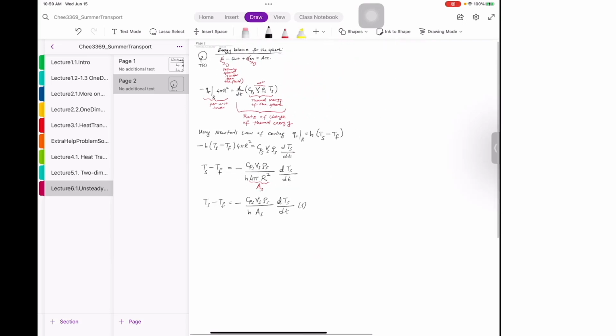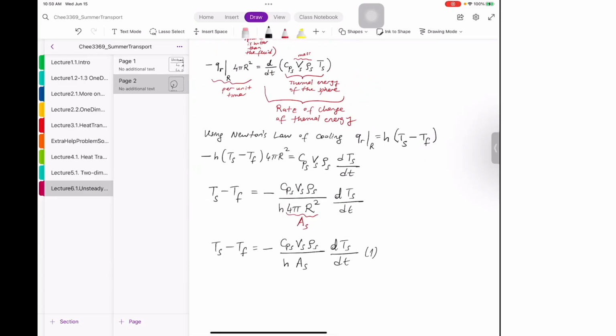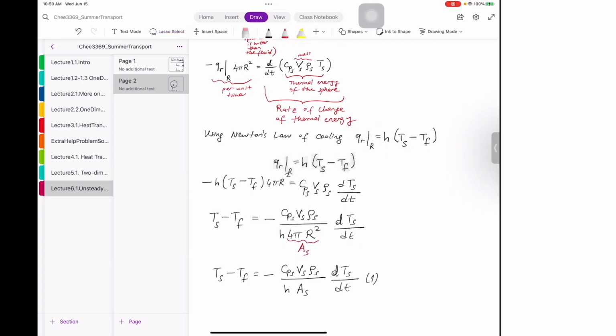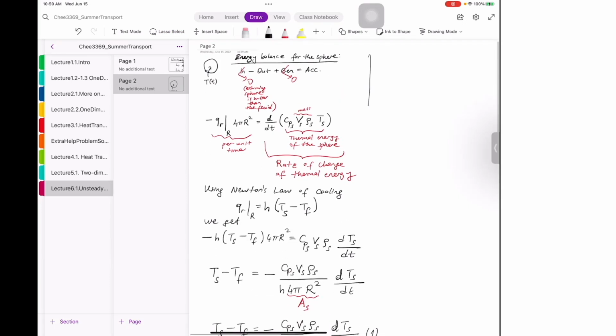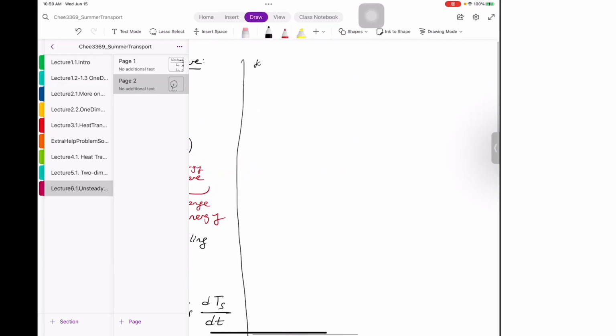Okay. Let's do the energy balance for the fluid, but I need to make some arrangement here, so that I can separate my page in a nicer way. Okay, now energy balance for the fluid.